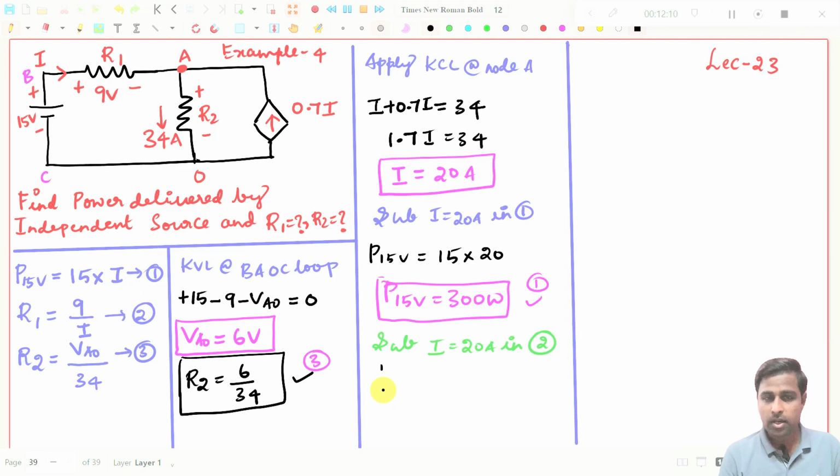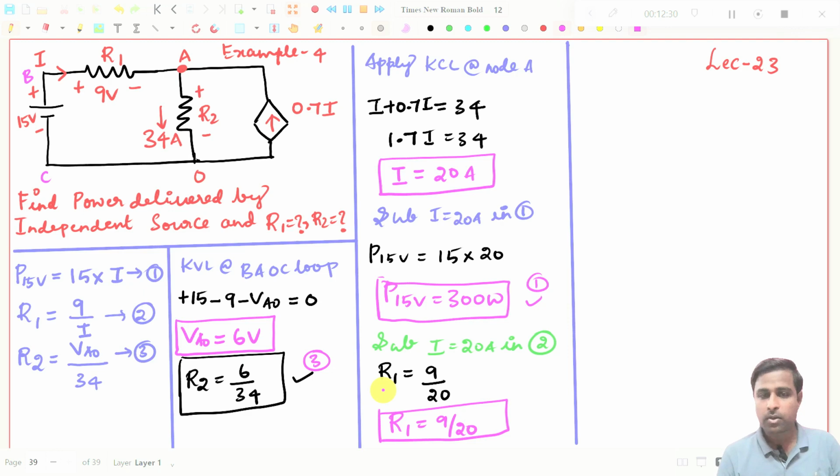What is R1? R1 should be equal to 9 by I. What is I? I is nothing but 20. That's all we have found, right? So R1 is equal to 9 by 20.